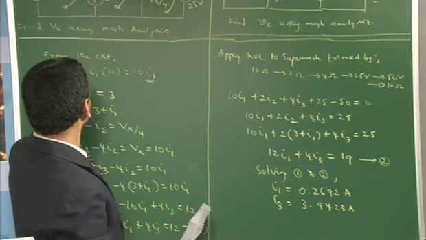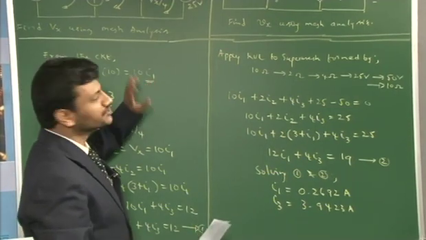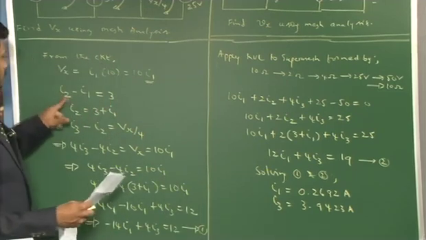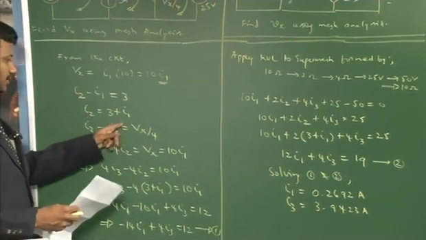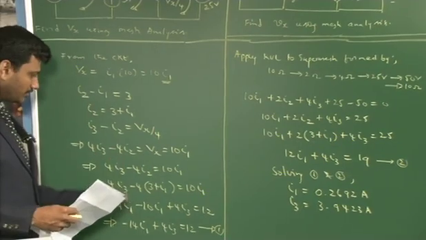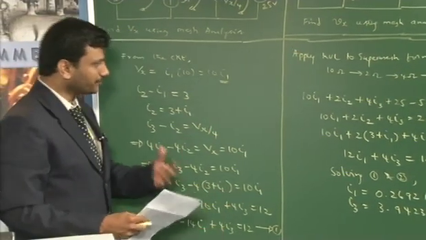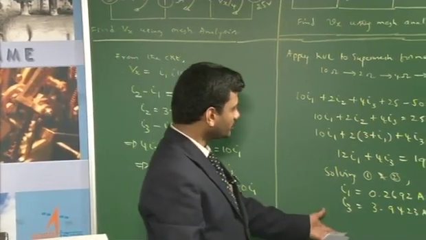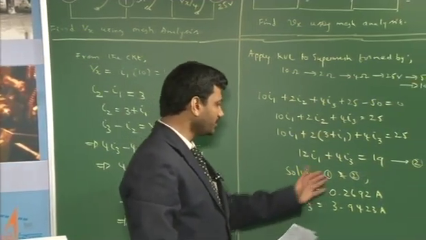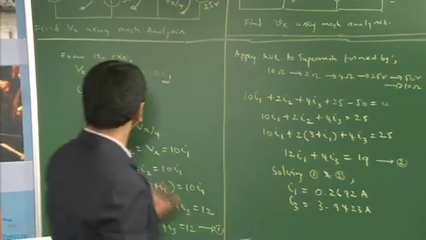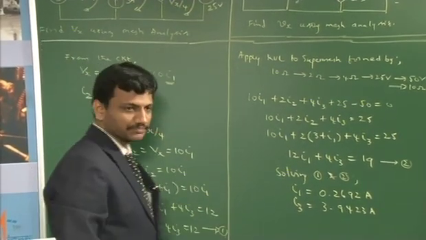Now, you can find the value of I2 as 3 plus I1, but that is not required, since our objective is to find Vx, and finding of I1 is more than sufficient. Now, had this been written I1 in terms of I2, then wherever I1 was there, you would have substituted that in terms of I2, then finally you would have got the answer in terms of I2 and I3. Then take that I2 and substitute in this relationship to get I1.